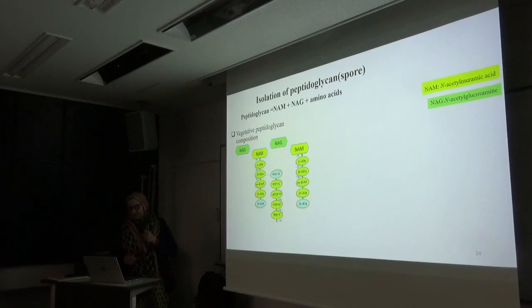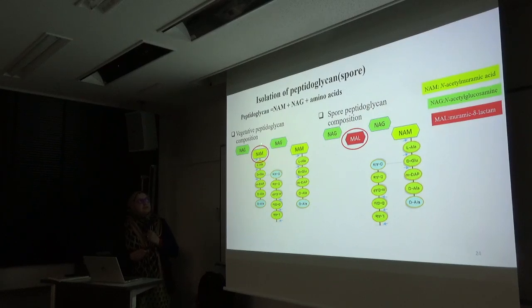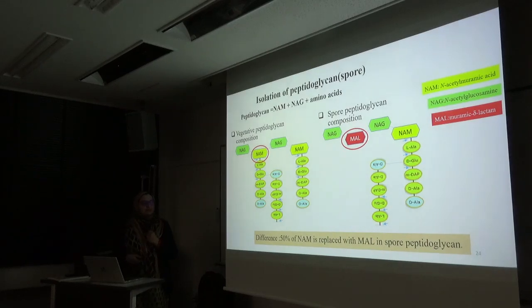Whereas in the spore peptidoglycan composition, we could see that this group, N-acetylmuramic acid, is replaced with another group called muramic delta lactam. So spore peptidoglycan composition is clearly different from vegetative peptidoglycan, because 50% of the N-acetylmuramic acid is replaced with muramic delta lactam.